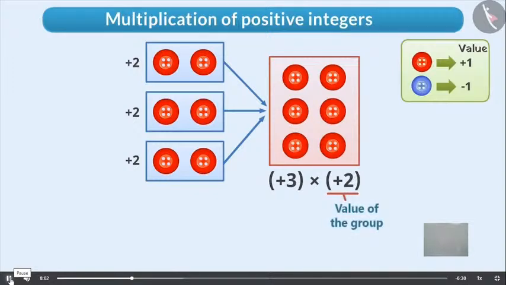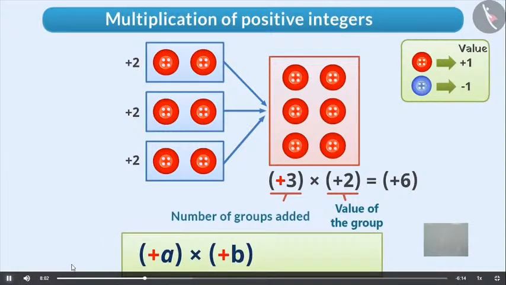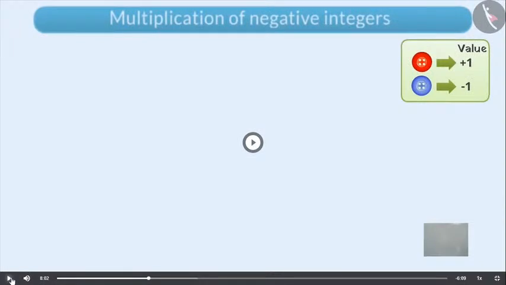Here, the second number represents the value of the group and the first number including the plus sign represents the number of groups added. Since there are 6 red buttons in total, we can say that the result of positive 3 into positive 2 is positive 6. Similarly, for any two positive integers, the result of a multiplication is always positive. So here we can also think in the same manner, same sign, positive, okay?